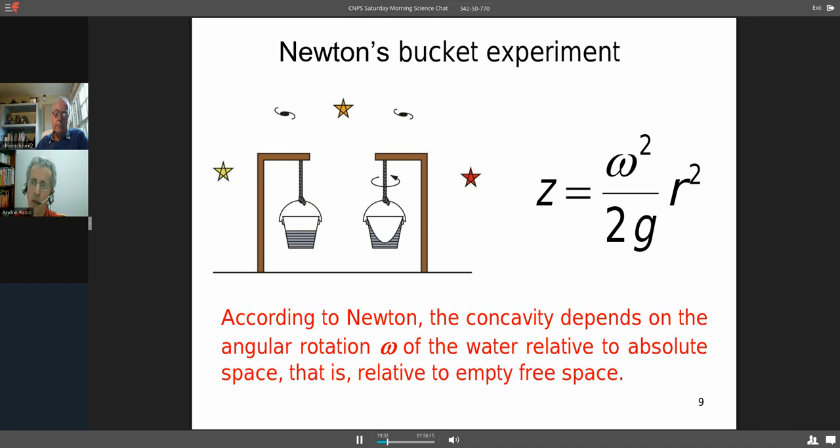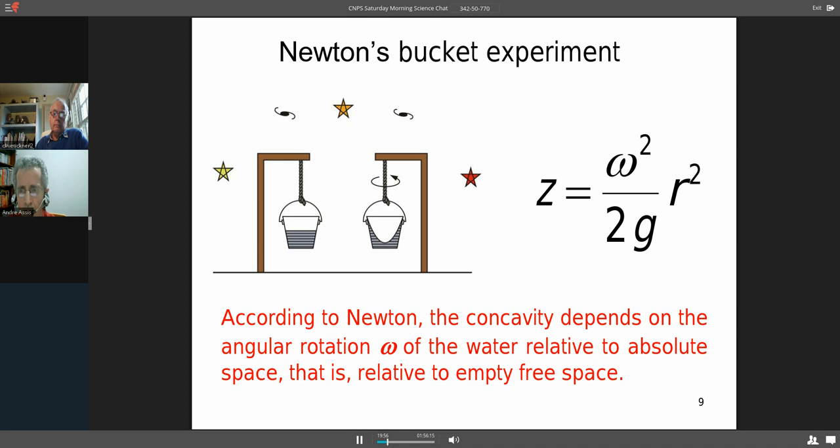So why don't we say that it is rotation of the water relative to the bucket itself? Well, let us see the picture here. At left, the water and the bucket are at rest relative to the ground. At the right side, both rotate together relative to the ground.